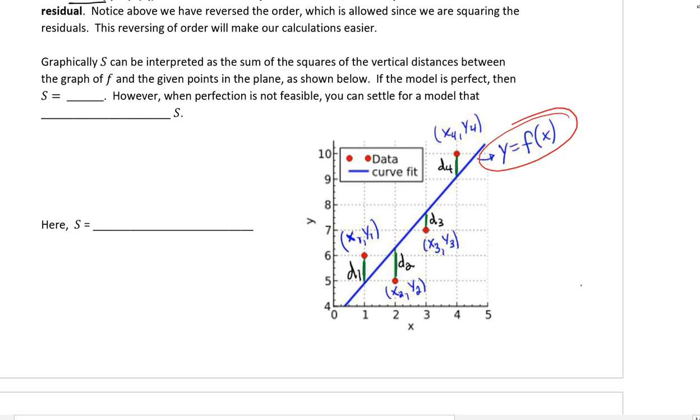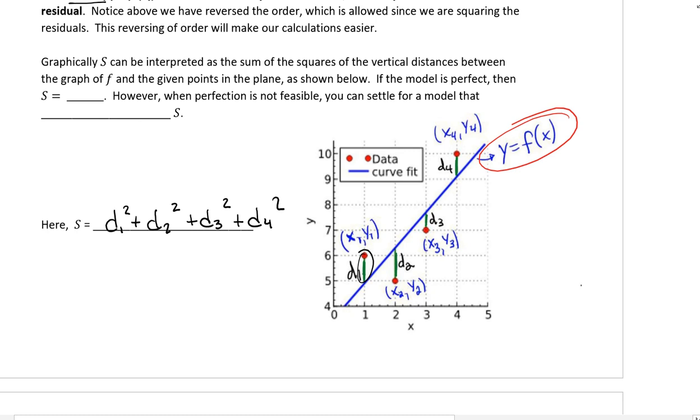What a calculator is really calculating with this sum of squared errors is taking the difference between the point and the model, D1, and squaring it, adding D2 squared, D3 squared, and D4 squared, adding those all together.